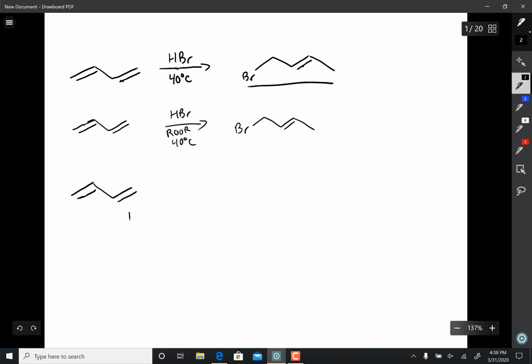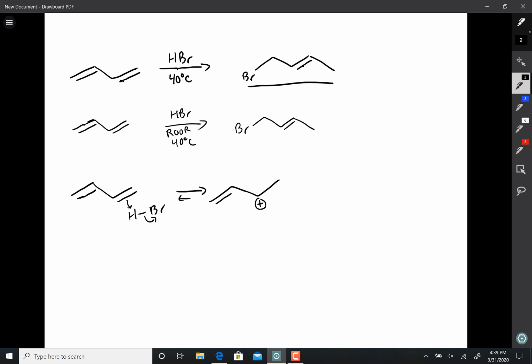So it's a Markovnikov addition. So you protonate to form the most stable carbocation you can. In this case, you're going to protonate to form this carbocation. Now, this carbocation is not just secondary.